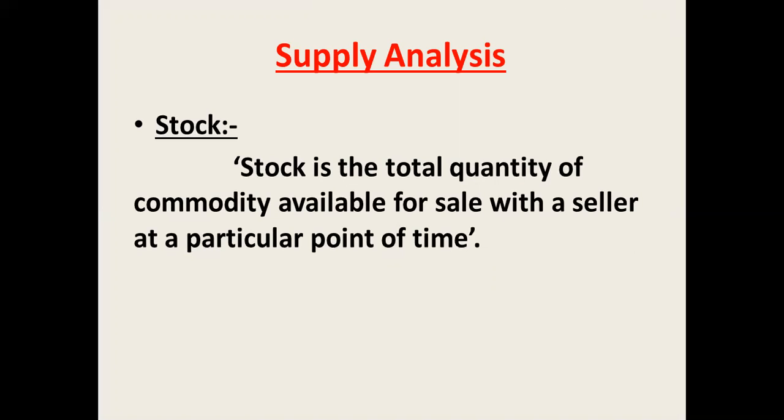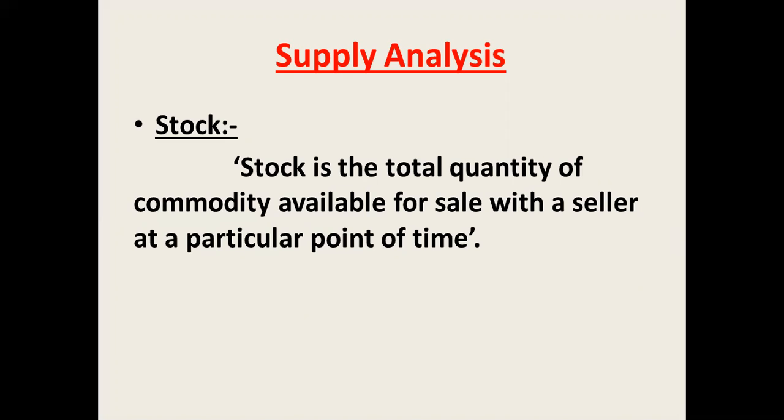Stock is the output of production. If production increases, stock will increase. Generally, stock is more than supply. So what is the definition of stock? See your screen. Stock is the total quantity of commodity available for sale with the seller at a particular point of time.